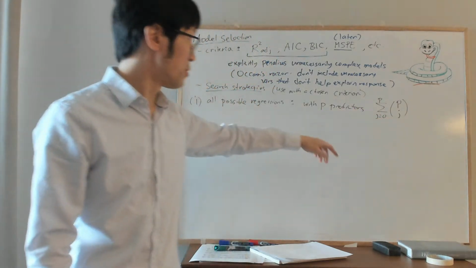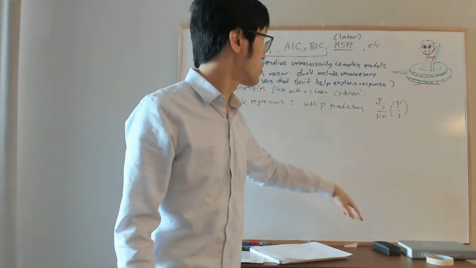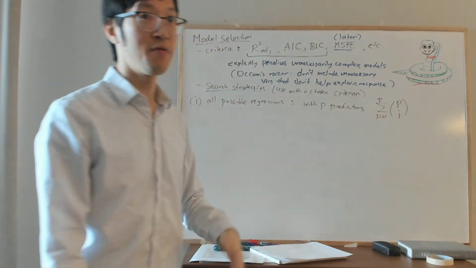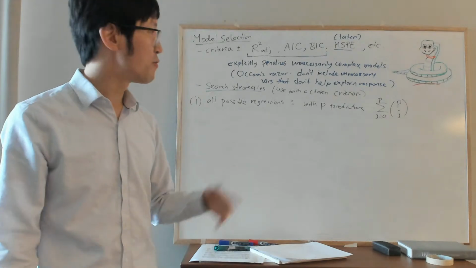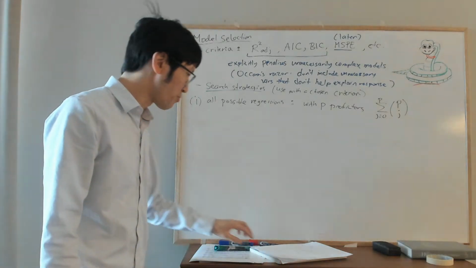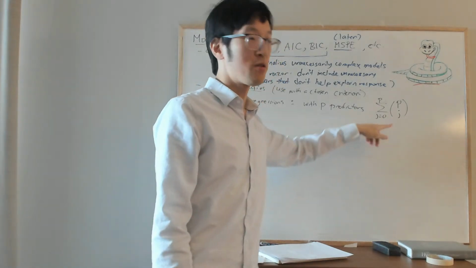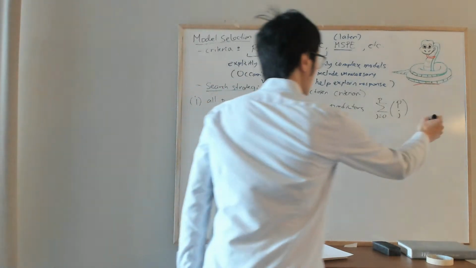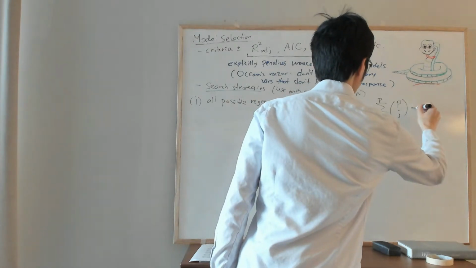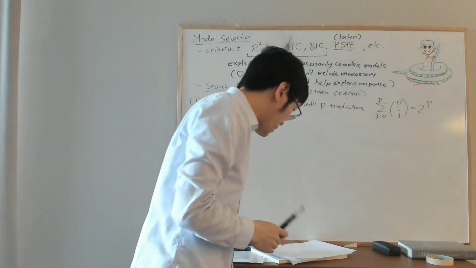Why is that? Well, if you don't have any predictors, you have P choose 0 regressions, and you have P choose 1 regressions that involve one predictor, and then P choose 2 regressions that have 2 predictors in them, and so on. You could imagine all possible subsets. That's this expression, which according to the binomial theorem sums up to 2 to the P, as we said last time.